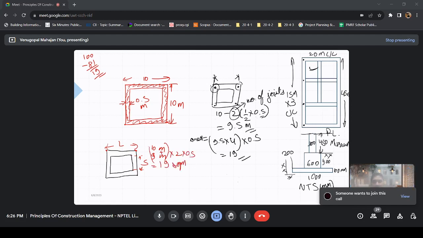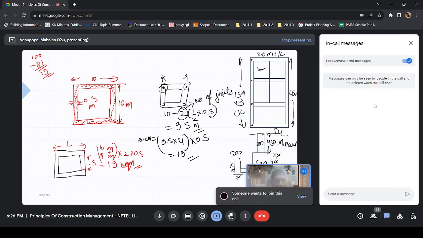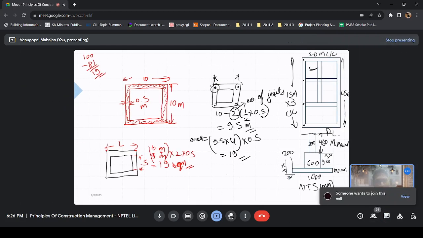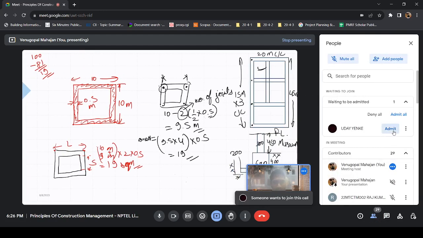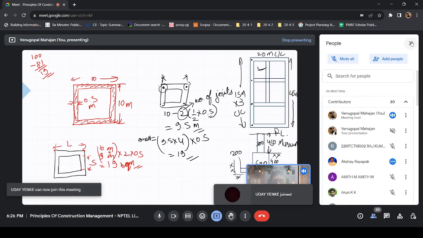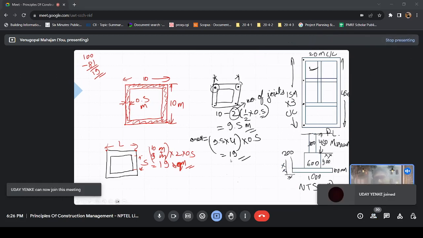Yes. But this was quite clear when we had outer dimensions, don't you think so? We had outer dimensions, and for inner dimensions we subtracted twice of it. So let's see what's the formula in this case.